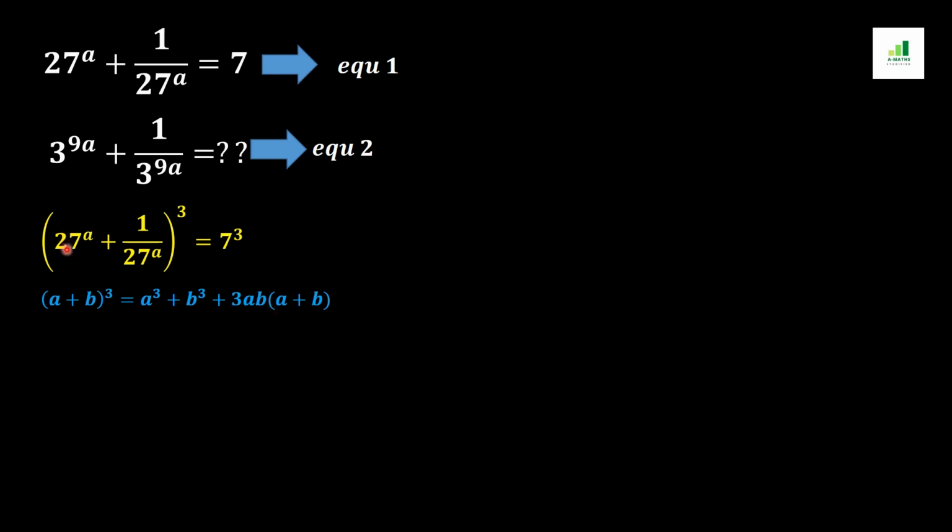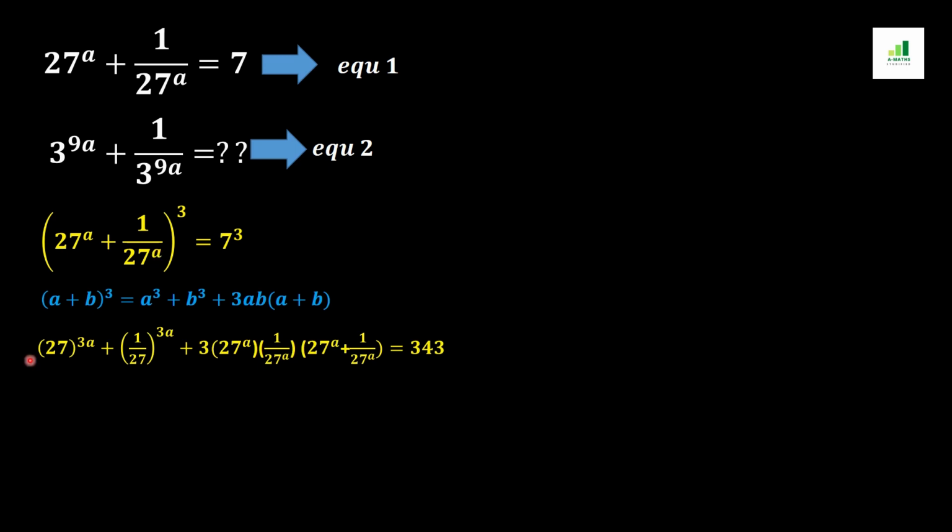If this 27^a is a, and this 1/27^a is b, and you can see that the overall value has a power of cube, then we can expand it by this formula. Simply we replace a in the formula with 27^a, and replace b with 1/27^a.